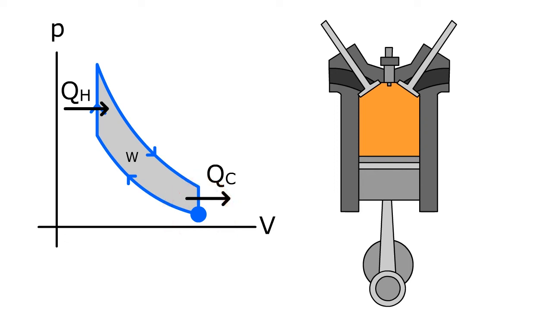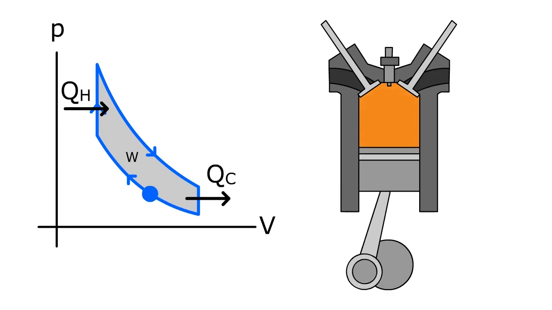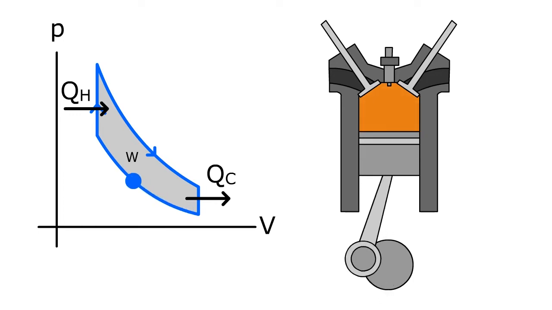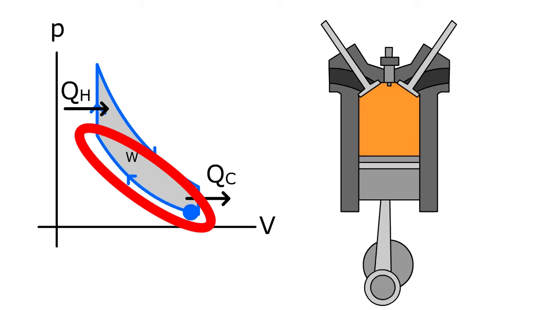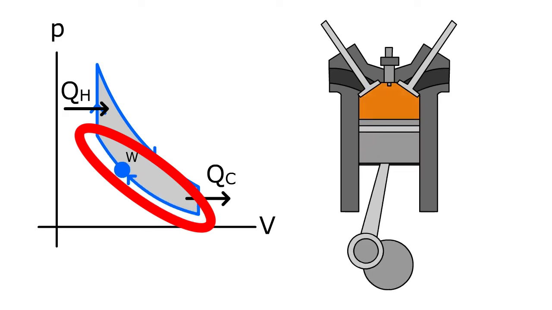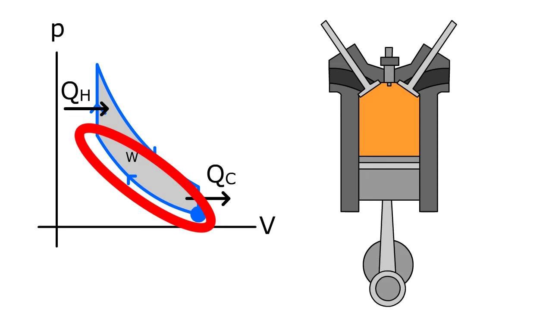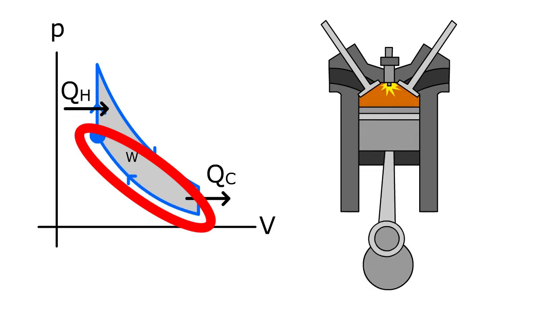So what happens next is yung ating working substance, as your intake valve closes, yung ating working substance is being compressed by this piston. Okay. So it will undergo this path here. So that process, yung compression na ito, that is an adiabatic compression, meaning no heat is introduced sa ating working substance.